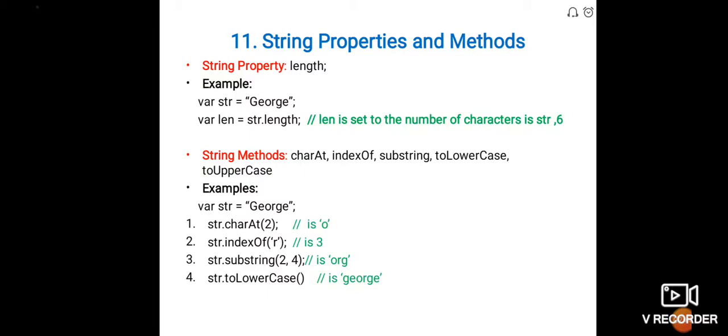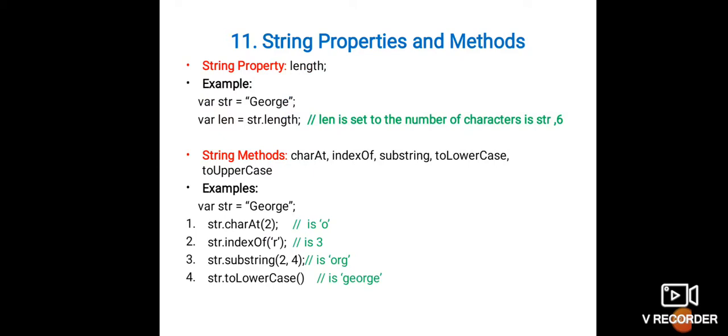The first example you can see here, str.charAt, and we are passing the parameter as the number 2. Here we are finding the character at a position, that is charAt.